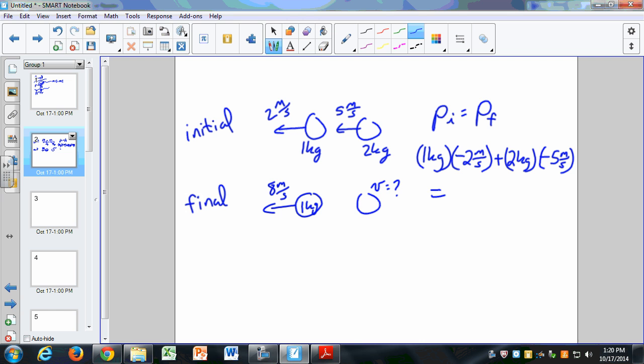And this will equal the final momentum, which is 1 kilogram times negative 8, plus 2 kilograms times VF. And then you would solve for VF.